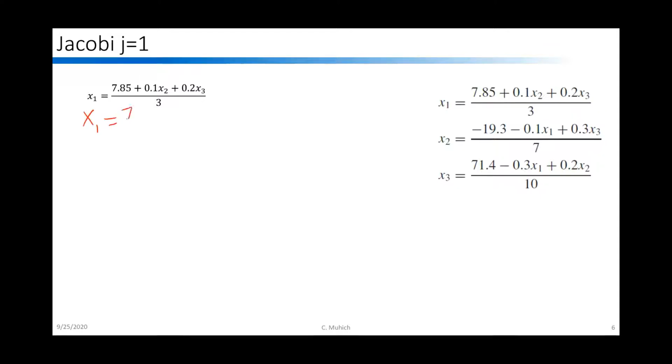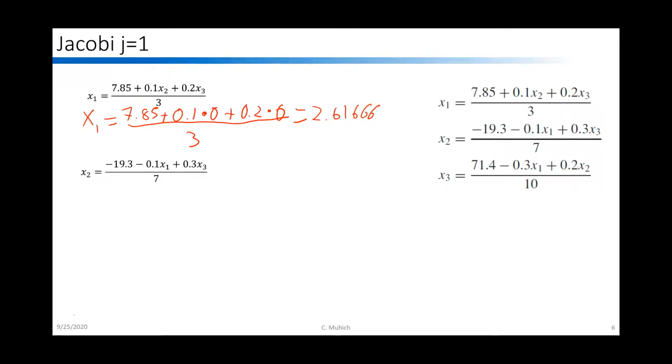So we have x1 equals 7.85 plus 0.1 times x2, which was 0, plus 0.2 times x3, which was also 0, over 3. If you do out all that math, you get 2.61666 repeating. Okay, so this is going to be my new guess for x1 in the second round.